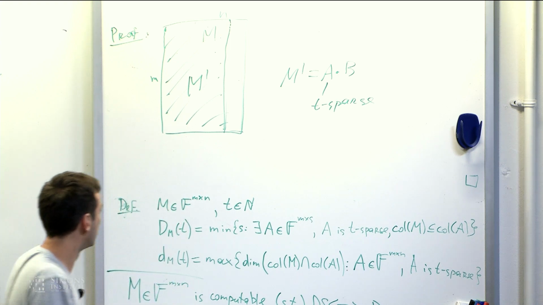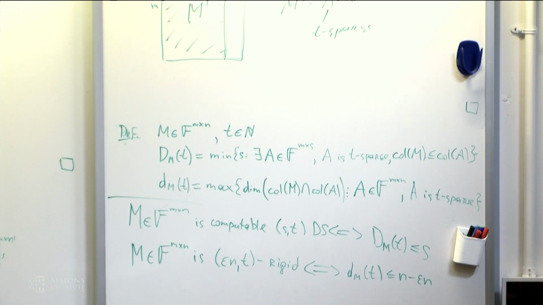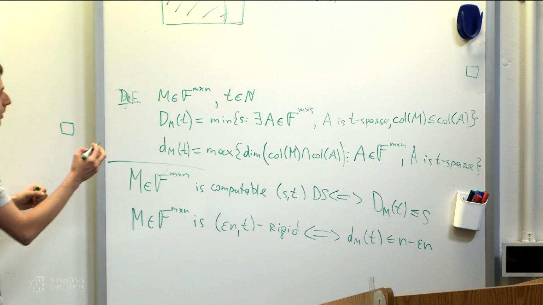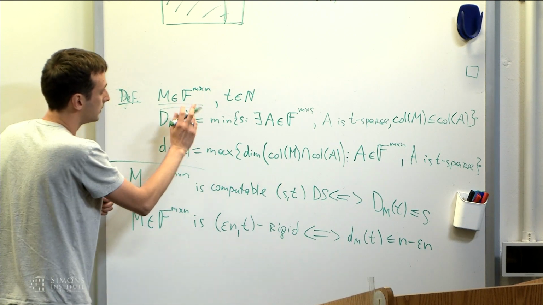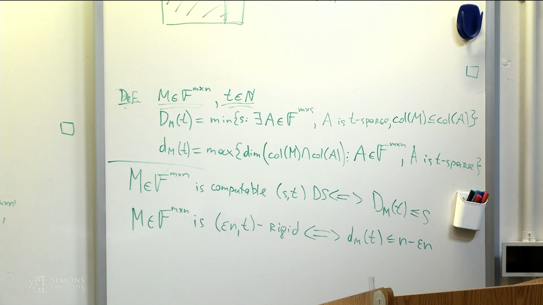Good. Okay, then I'll just give two definitions, and they basically set the stage for all our results, and all the results follow in just one line each. Let M be a matrix of size m by n, and t is some sparsity parameter. Then we define what we call Paturi-Pudlak dimensions. They were defined by Paturi and Pudlak in 2006. We just use a different form of them.